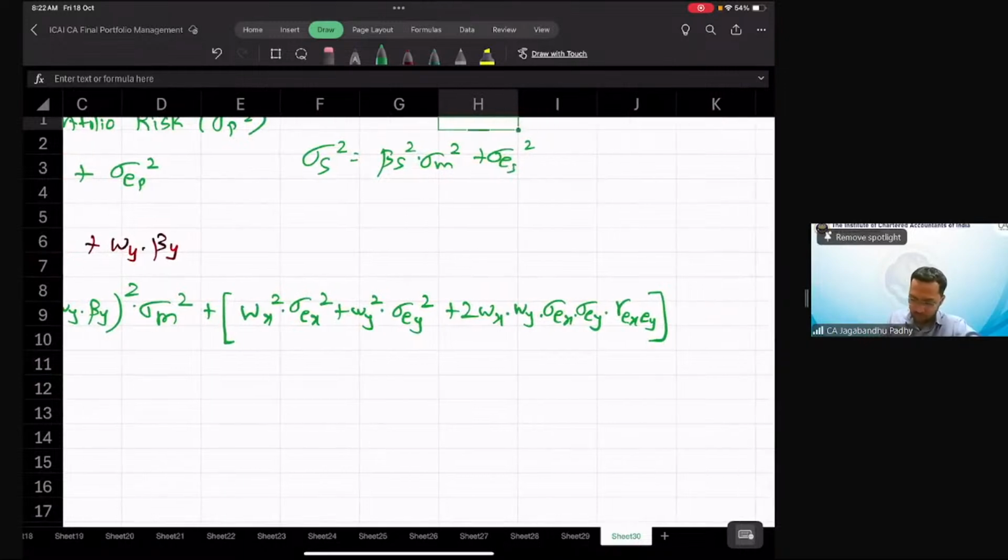So this is what we obtained as the variance of the error term of the portfolio.